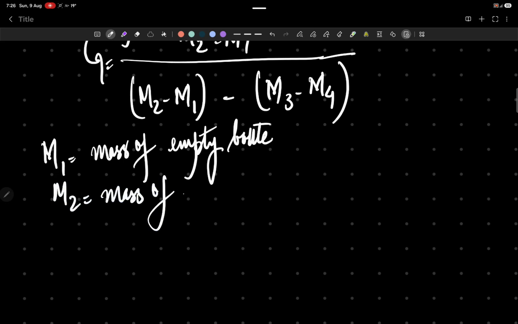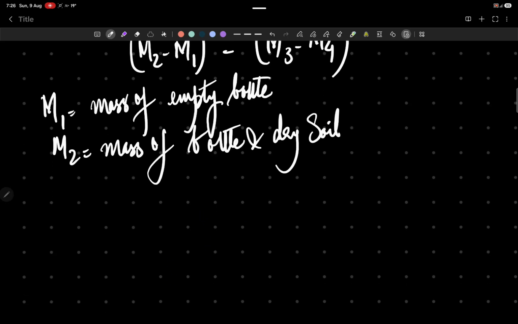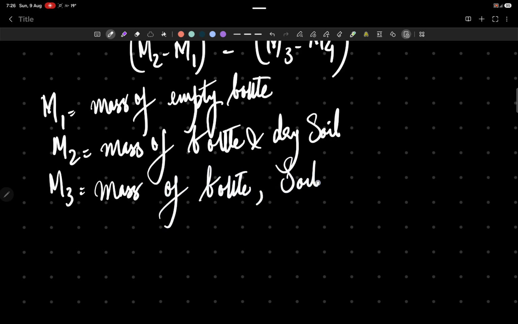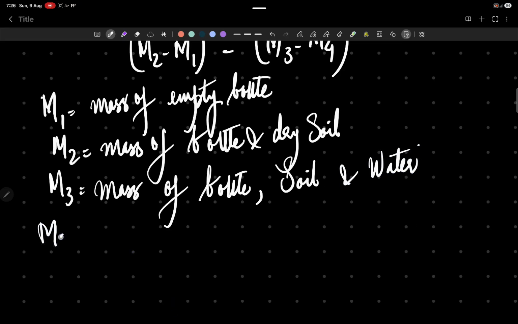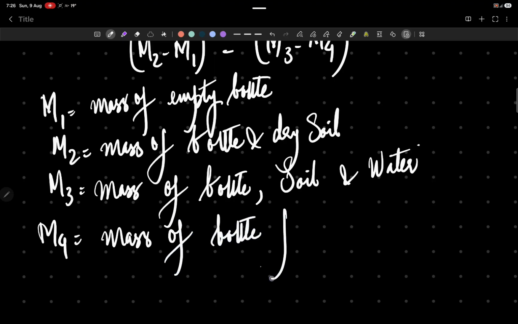Then M3 is mass of bottle, soil and water. Then M4 is mass of bottle filled with water only.